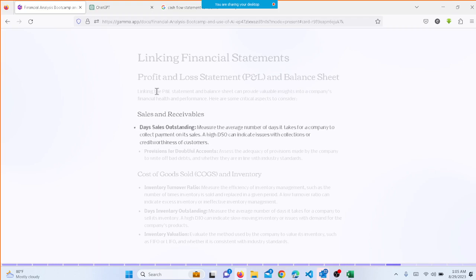So if you see that with the increase in the sales, the days sales outstanding to collect from the customers have increased, it may indicate a problem with their collection system and the creditworthiness of the customers.